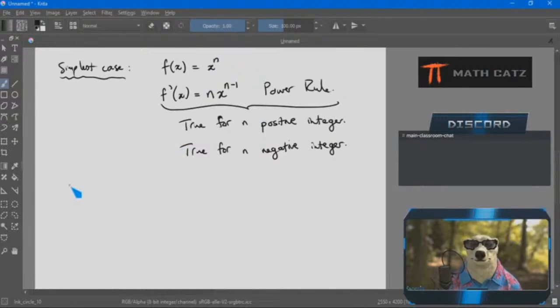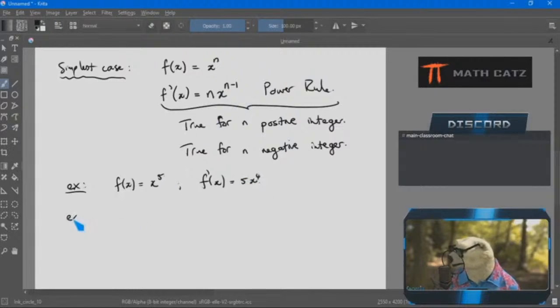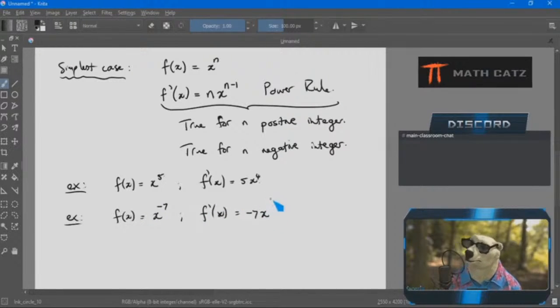And if we did, for example, a couple here, if we say let f be x to the 5, then the derivative is going to be 5x to the 4. So I just noticed that formula. If I look at a random negative power of x, let's say negative 7, then the derivative is going to be negative 7 goes in front, x to the 1 less, which becomes negative 8.